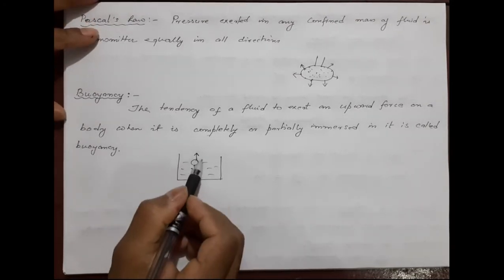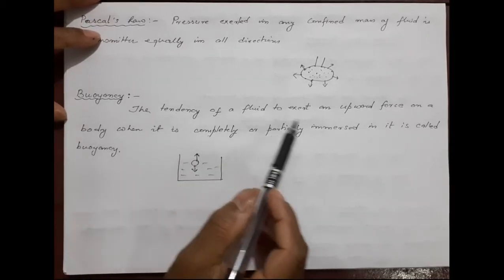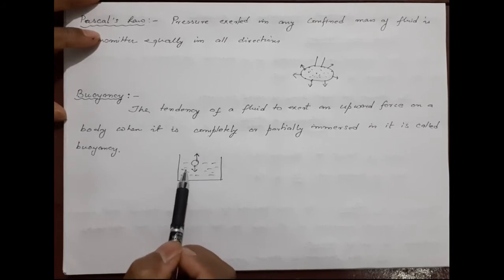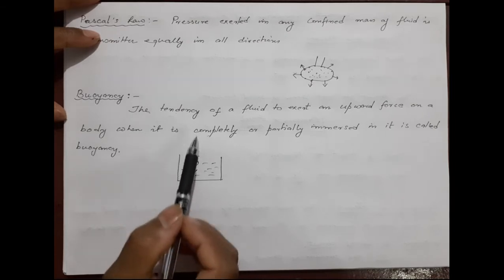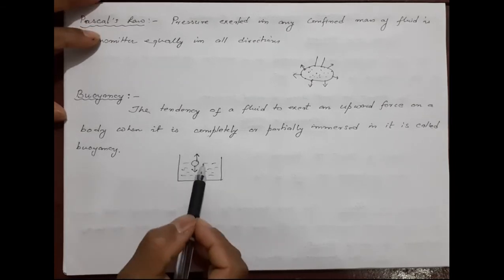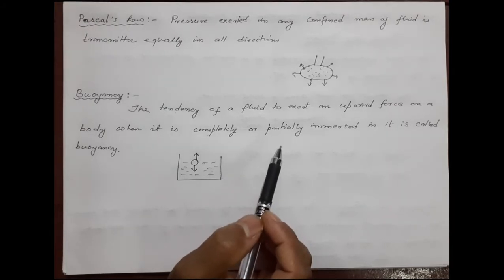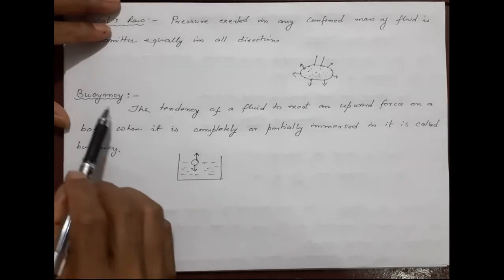It will not go very easily inside, some back force is always there. The tendency of a fluid to exert, this fluid is this one, the habit of this water or the gas to push the stone outside, or it may be paper, it may be plastic, whatever. If it has that habit, very little or very high, a strong tendency of that is called buoyancy.